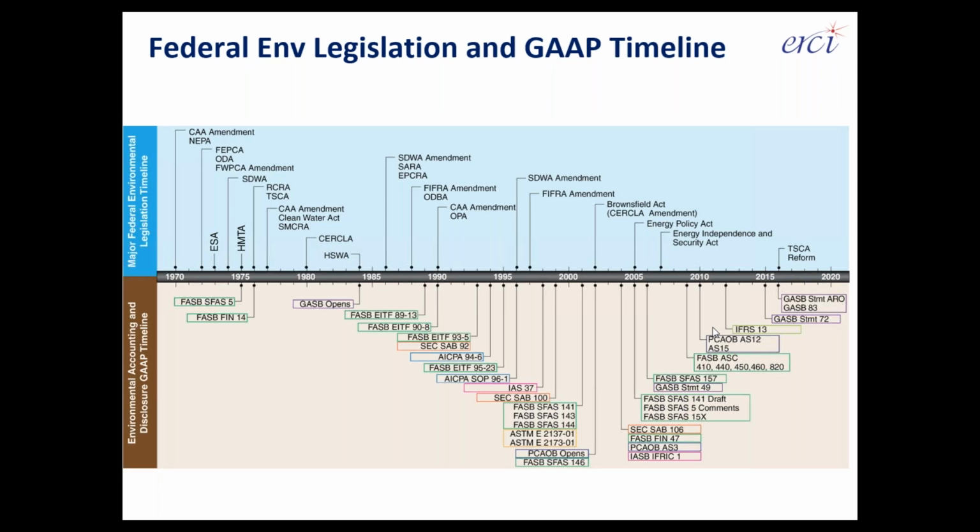And what I just want to point out is environmental laws and regs got a jump start back in the 70s, but environmental accounting has been continuously evolving, with every year or 2 or 3 there being another major overhaul, rewrite, or new rule for organizations preparing financial records around environmental liabilities to comply with. So again, keep in mind that GAAP, the generally accepted accounting principles, have been playing catch up with U.S.